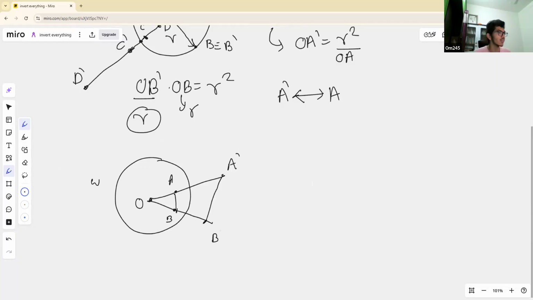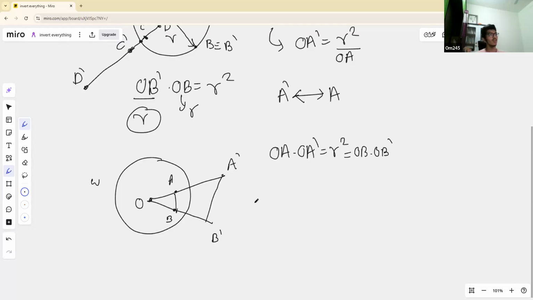Now A dash is the image of A, and B dash is the image of B. So what do we have? OA times OA dash is equal to R square, which is equal to OB times OB dash.